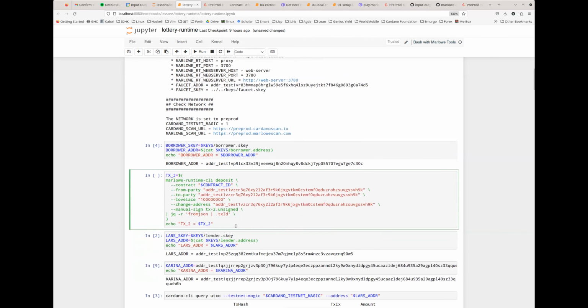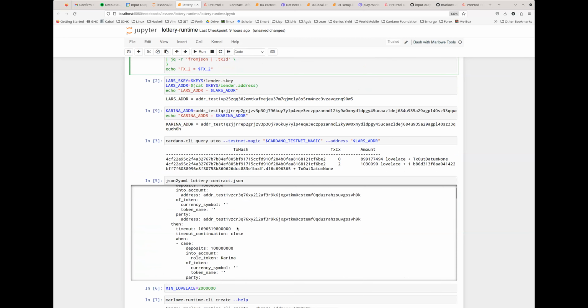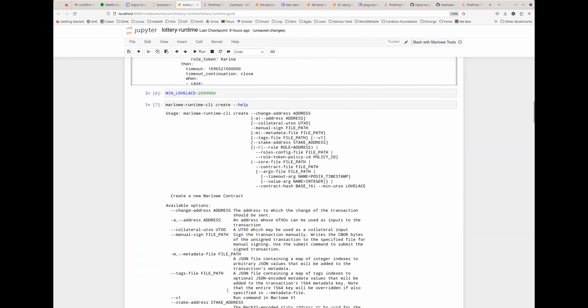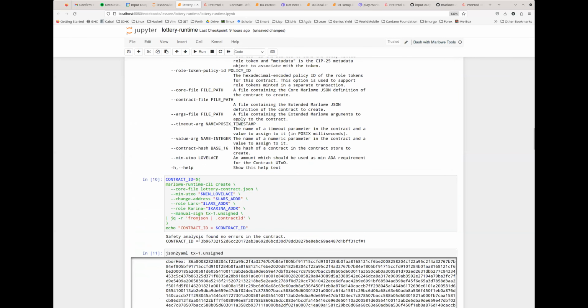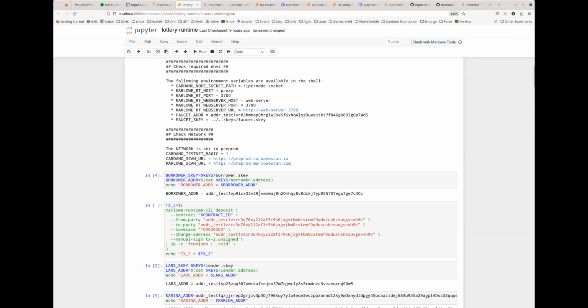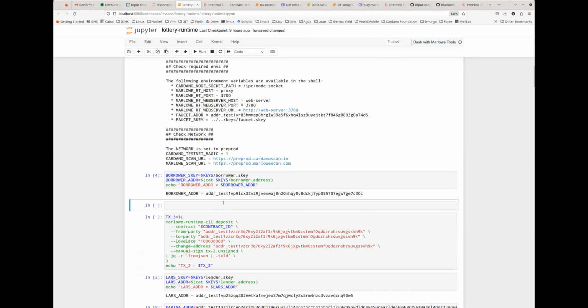The contract ID, I probably should just put here.